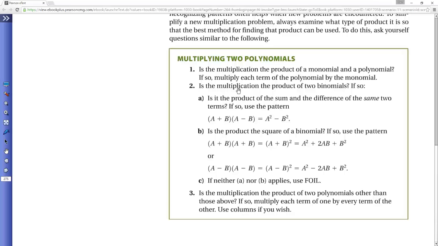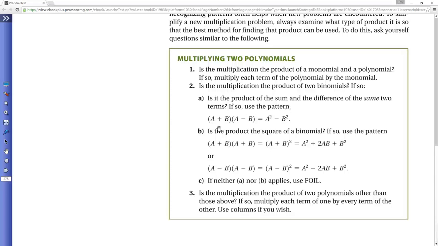So when we're multiplying two polynomials, is the multiplication a product of a monomial and a polynomial? If so, just distribute that. You multiply the monomial times each part of that polynomial. Number 2, is the multiplication a product of two binomials? We've gone through 3 types of special cases with binomials, and we'll run into this a lot.